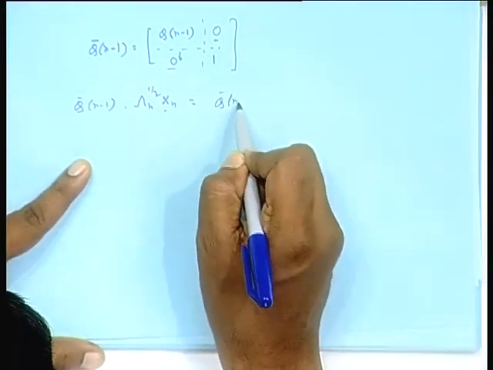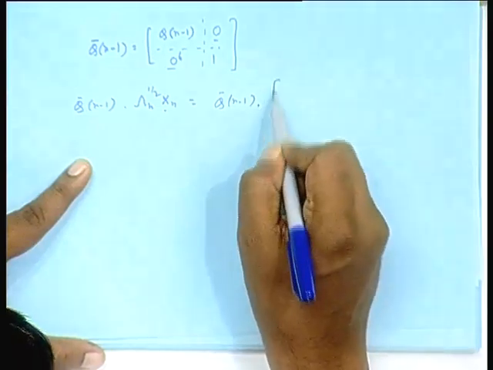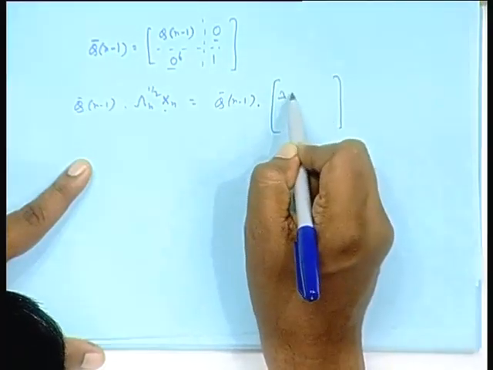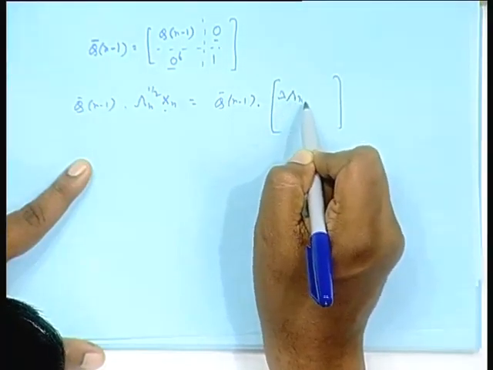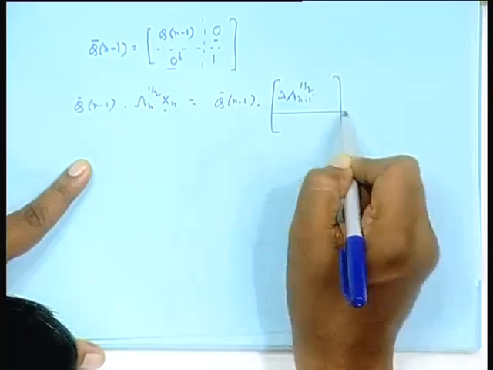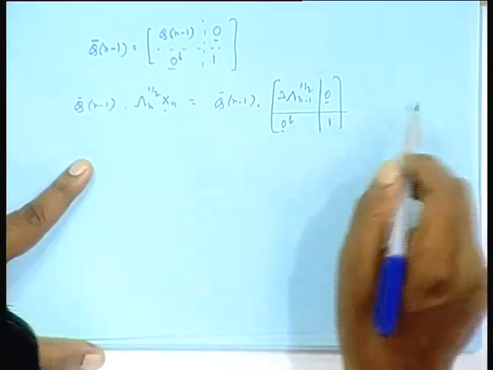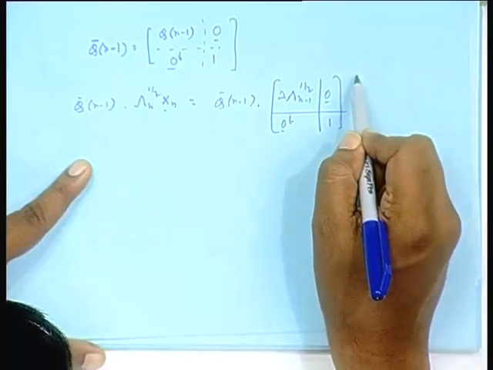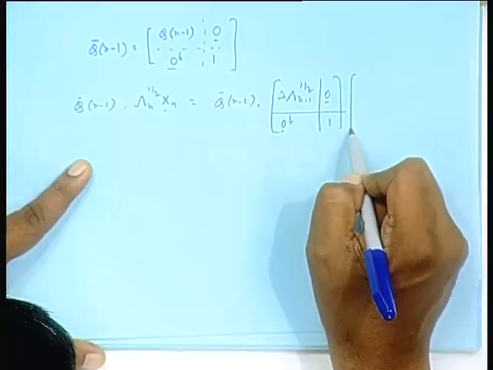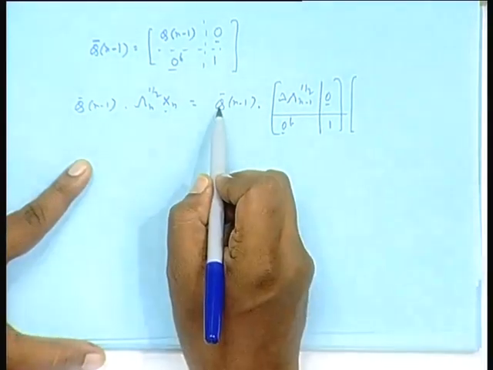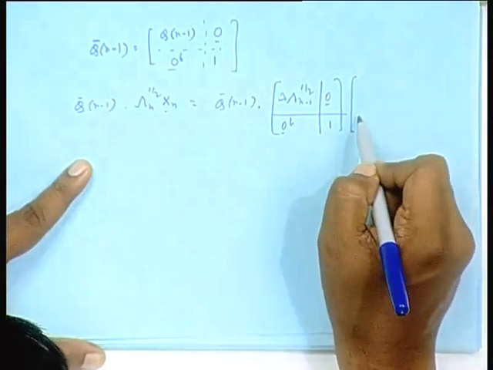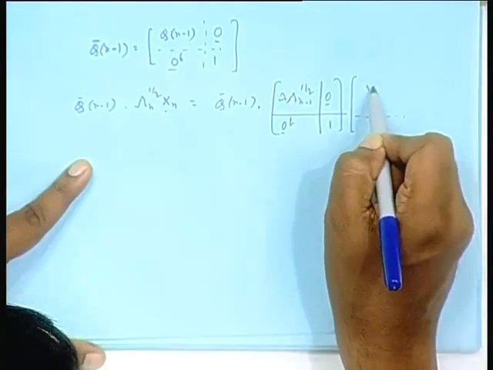Q bar n minus 1 into lambda; this factorization we have already seen, and this q bar n minus 1. And your x n matrix is what?